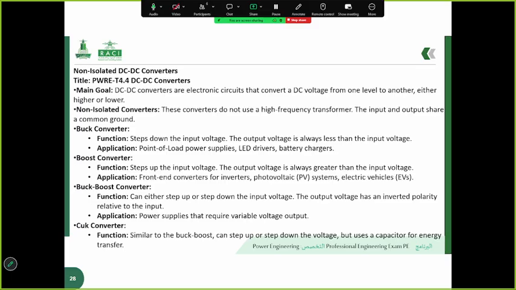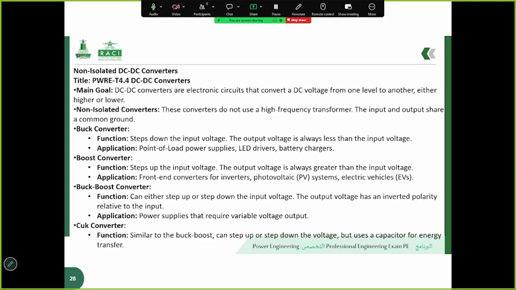The buck converter is a step-down converter. Its core function is to produce a DC output voltage that is always lower than the DC input voltage. It achieves this by using a switch to chop the input voltage and a low pass filter, an inductor and a capacitor, to smooth the chopped voltage into a steady DC output.